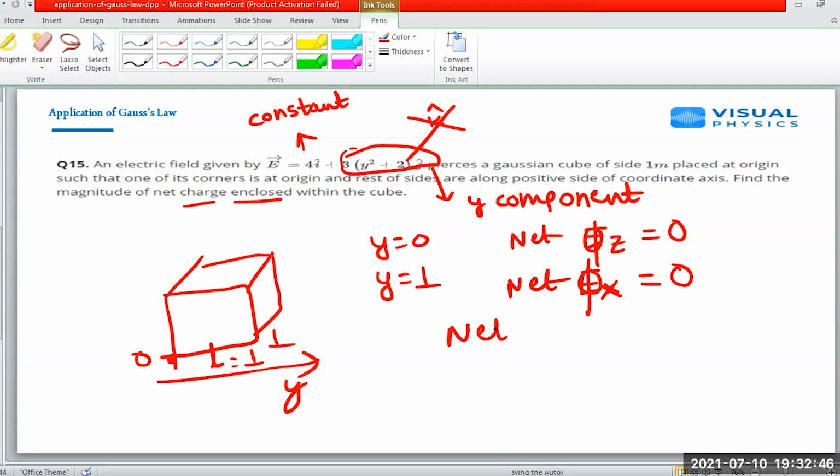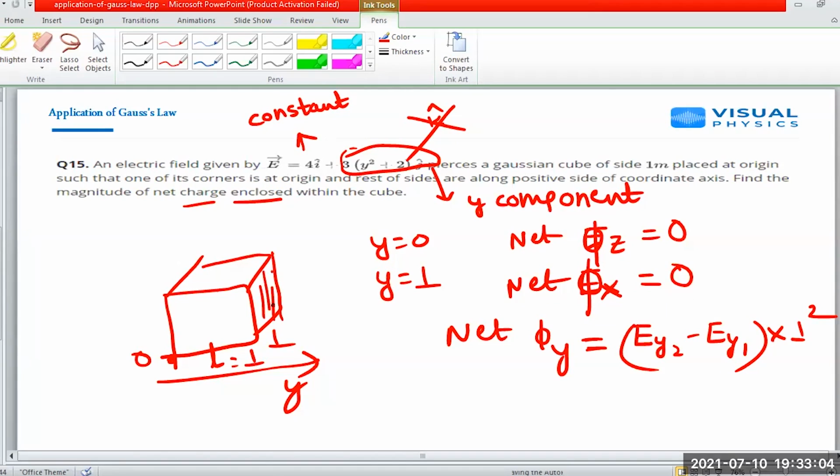But the net flux along the Y axis is electric field Ey2 minus Ey1 into the area of that cube, that is 1 square. You can solve it by putting values: 3 into 1 plus 2 minus 3 into 0 plus 2, into 1 square is 1 only. So 1 plus 2, 3 threes are 9, minus 2 is 6, that is, it is coming as 3.